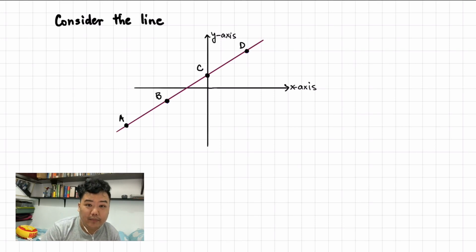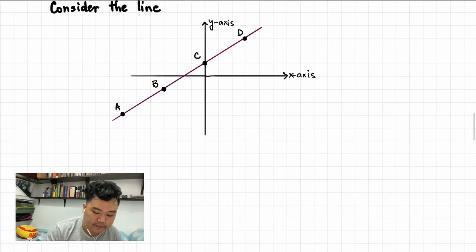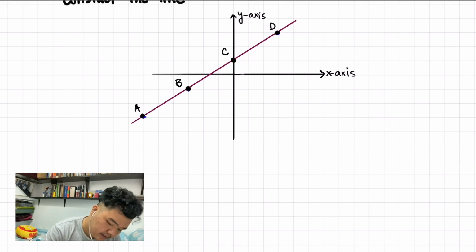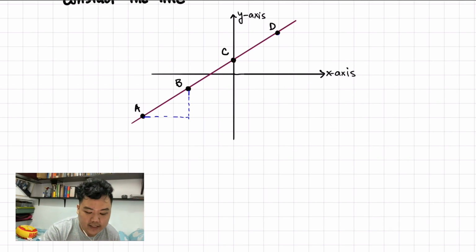So we're going to pick 2 points at a time and observe what information we can get from those 2 points on the line. Take for example points A and B, and let us draw this right triangle. This right triangle has 2 legs, the vertical leg and the horizontal leg.